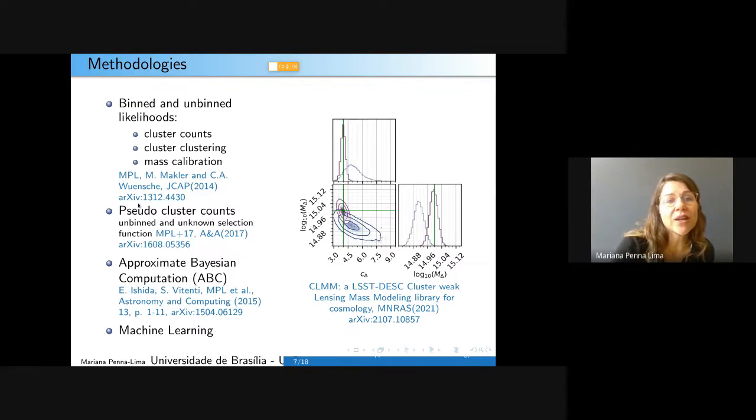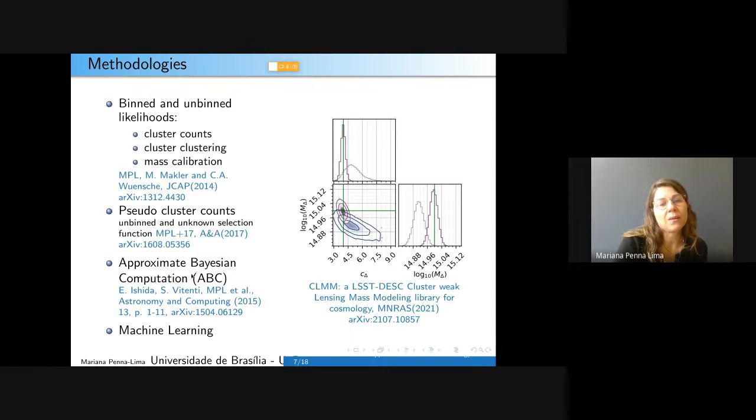We also have this other methodology, what we call pseudo-cluster counts. And this is an unbinned likelihood for when we don't know the selection function. So we introduced this new methodology, this new likelihood, to apply in this kind of situation. We also have the approximate Bayesian computation.